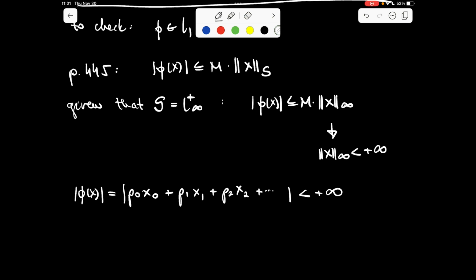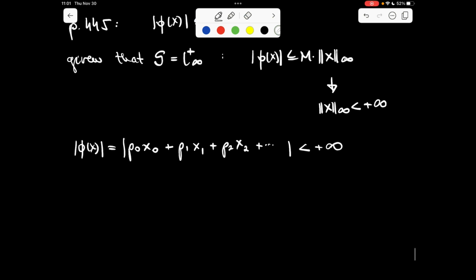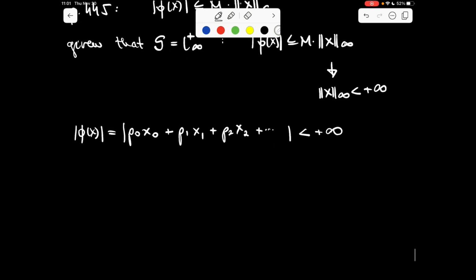Okay, so given the fact that any point in this space, in the space we use, is bounded, we can say that to any point in this space we can find an upper bound.